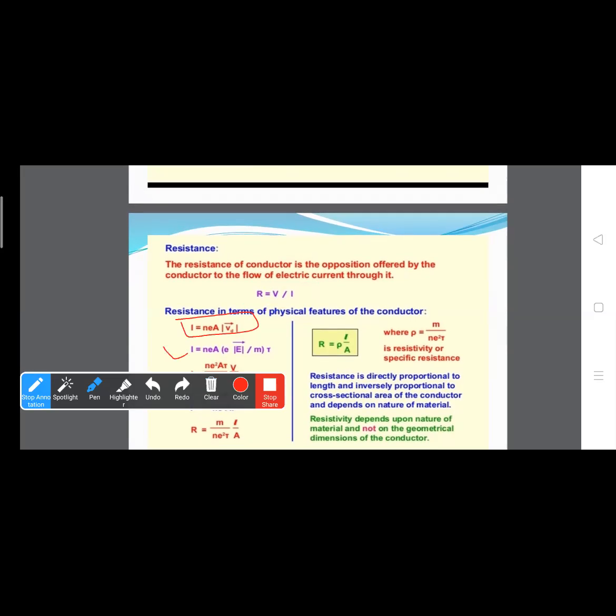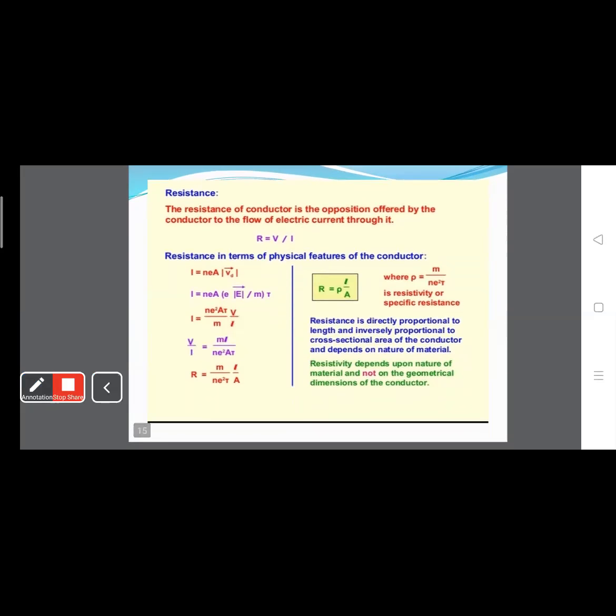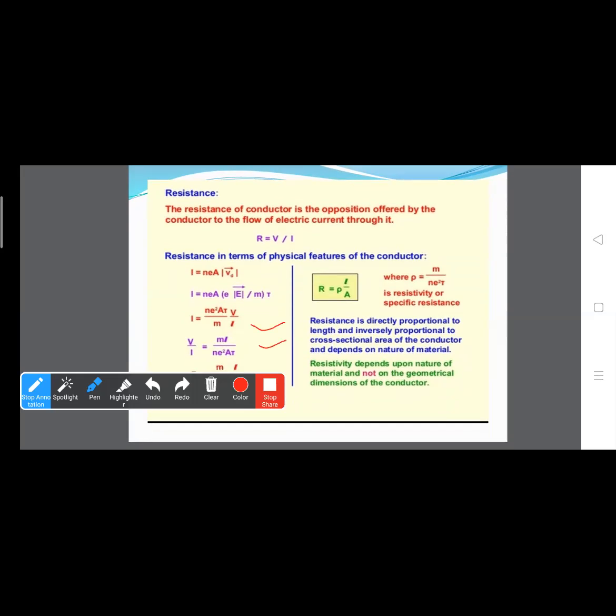We find that I equal to n e A, and v_d is eEτ upon m, where τ is the relaxation time. So we got I equal to n e squared A τ V upon m L, giving V upon I equal to m L upon n e squared A τ.